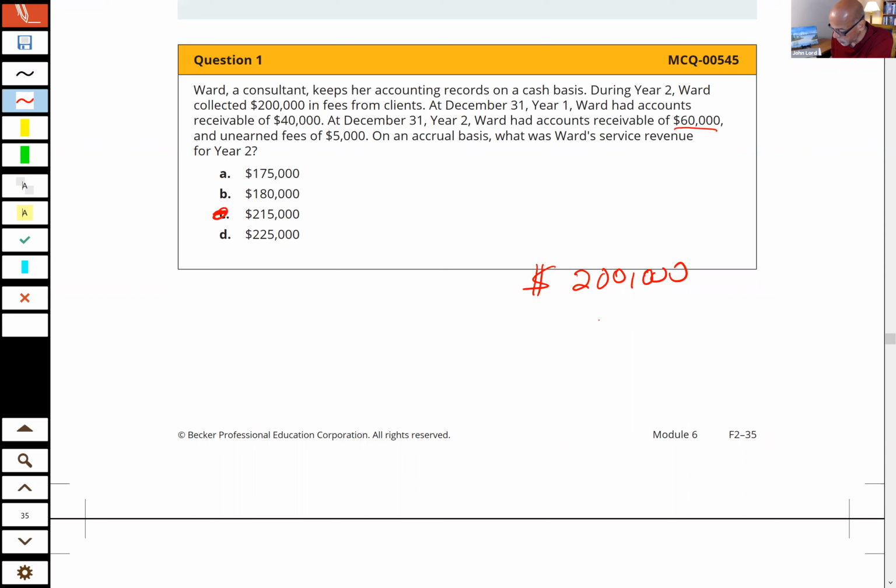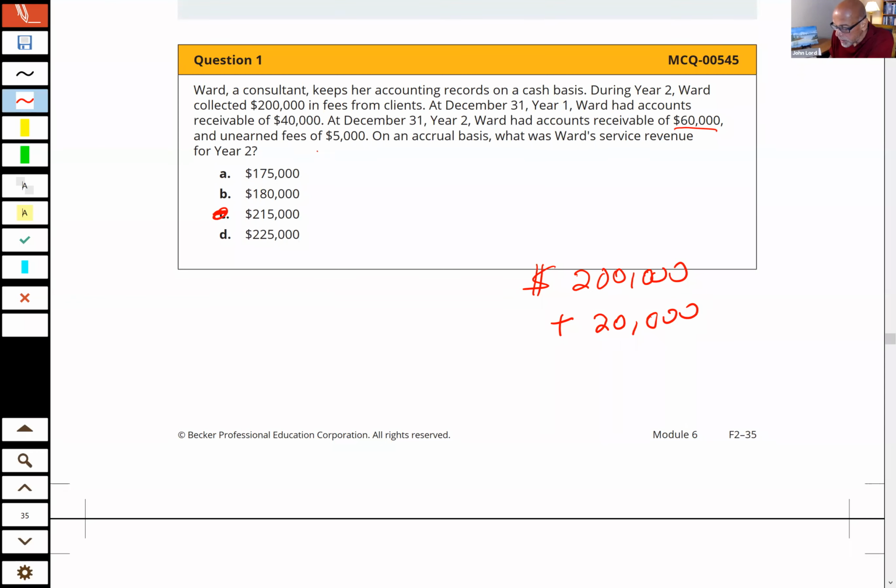So it increased 20,000. Since it's an asset, I do the same. I add it, don't I? Yep.